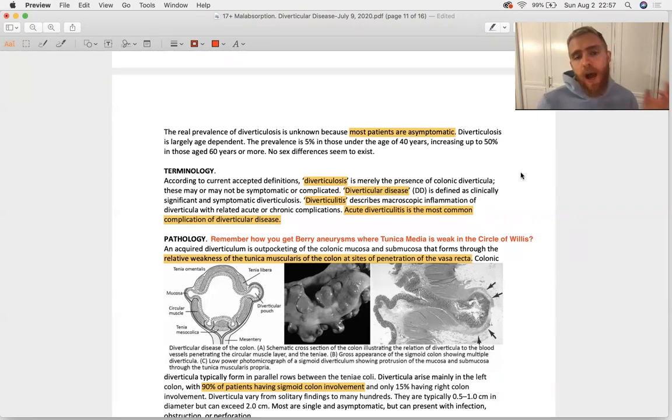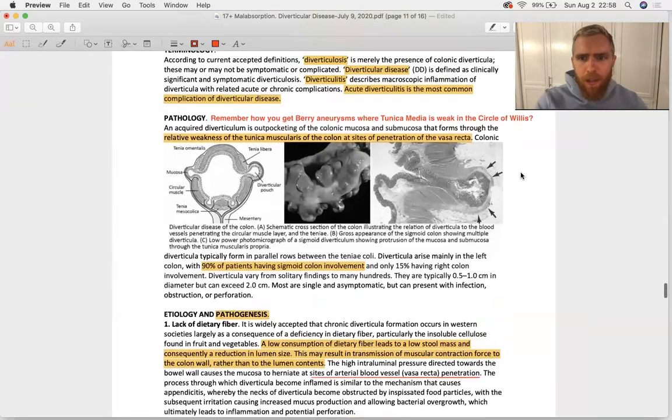Diverticulitis is a complication of diverticulosis. I want you to understand that. First, you have diverticulosis. Then you could get diverticulitis, or you could just live your whole life with diverticular disease and never get diverticulitis. Diverticulitis is inflammation of diverticula with related complications. Acute diverticulitis is the most common complication of diverticular disease.